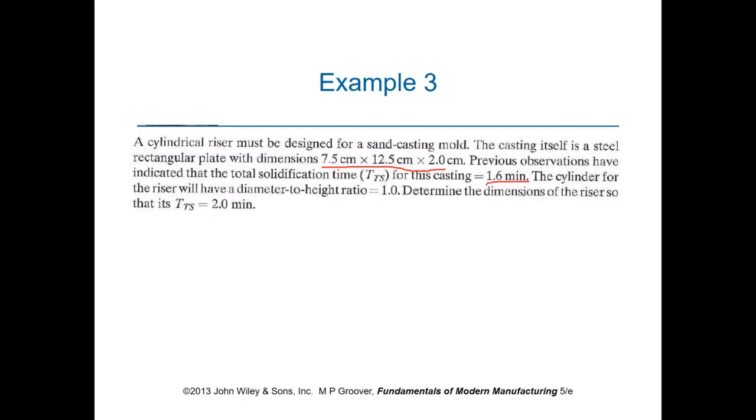So we have the time for solidification of a plate with these dimensions. The cylinder for the riser will have a diameter to height ratio of this much, 1. Determine the dimensions of the riser so that its TTS, or total solidification time, is equal to 2 minutes.